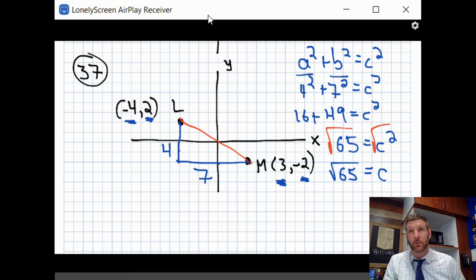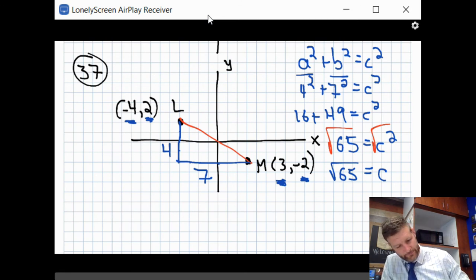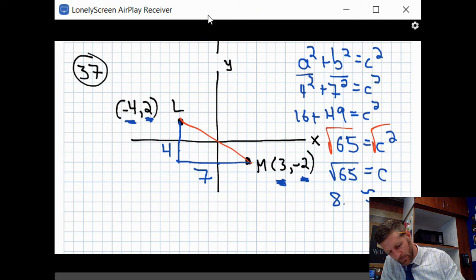So this has got to be something really close to 8. And in fact, it is. Since 8 times 8 would be 64, 65 would just be something slightly bigger. Rounded to the nearest tenth, that's 1 decimal place, 8.1. There she is.